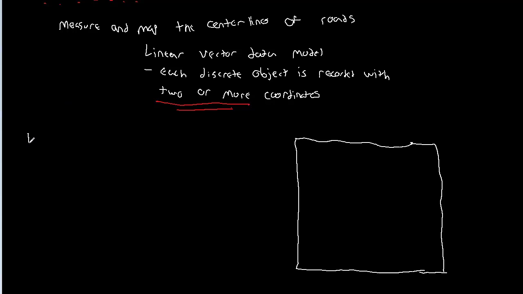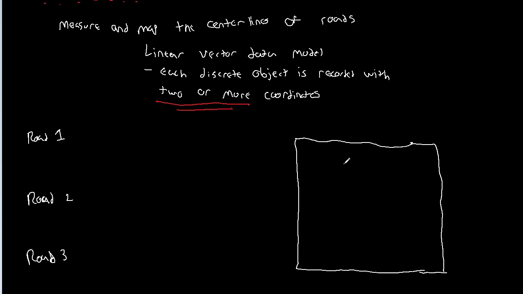So we have road 1, road 2, and road 3 that we want to be able to have a good mapping result for. So we're going to go out and we're going to GPS or get the coordinates of 3 different roads.